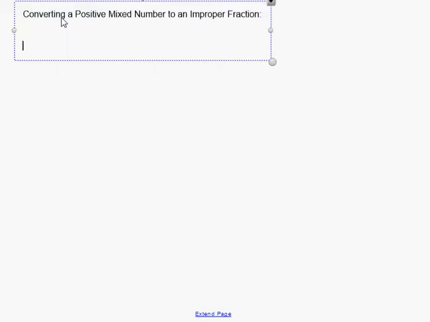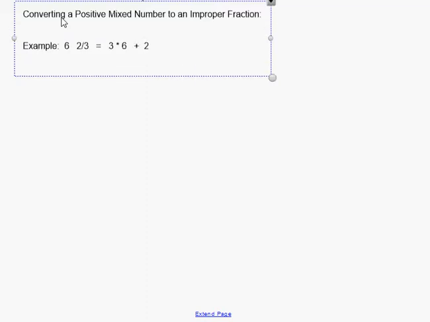So, for example, if we have 6 and 2/3, we can find the improper fraction by going 3 times 6 and adding the numerator 2 and keeping this all over the original denominator of 3.